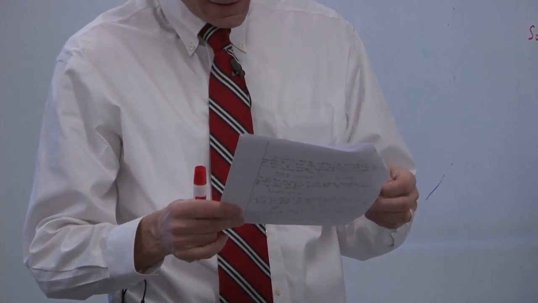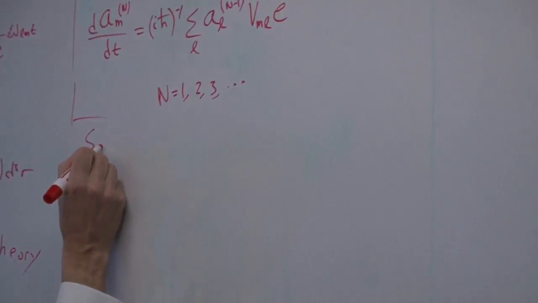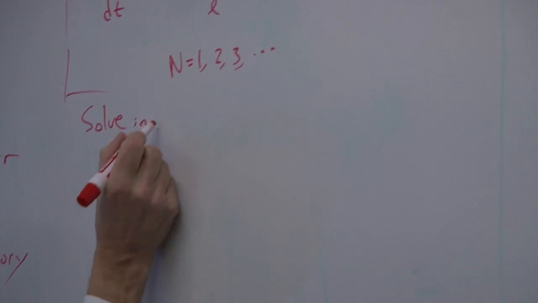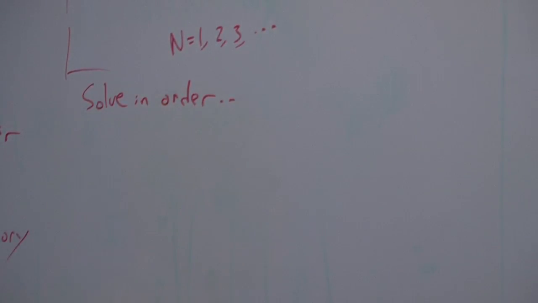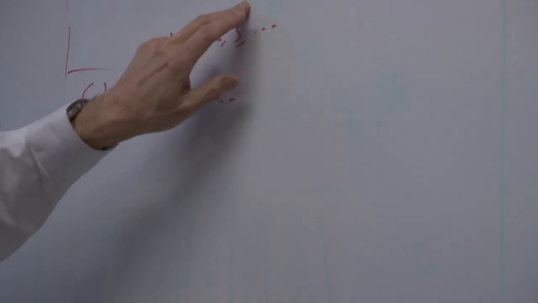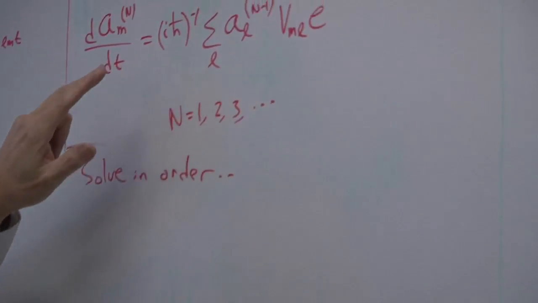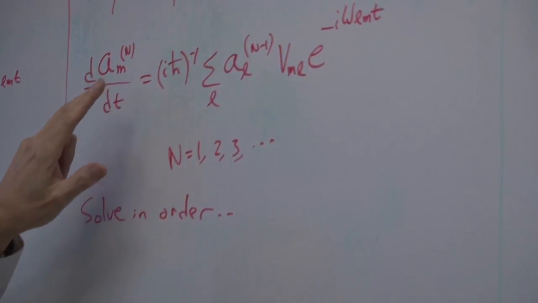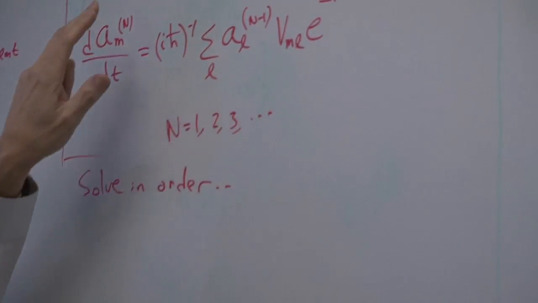Okay, so, as we pointed out before, you solve these in order. If you solve the 0th order first, then if you know n minus 1, you can calculate n.